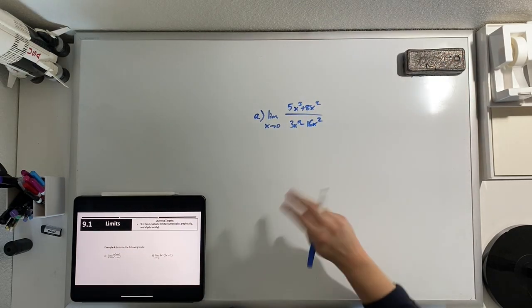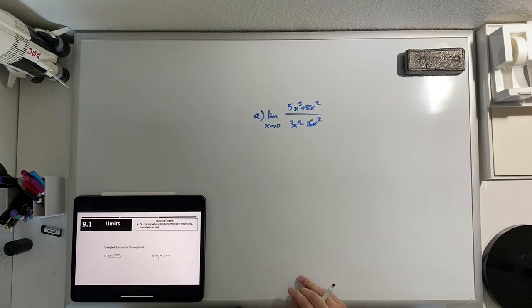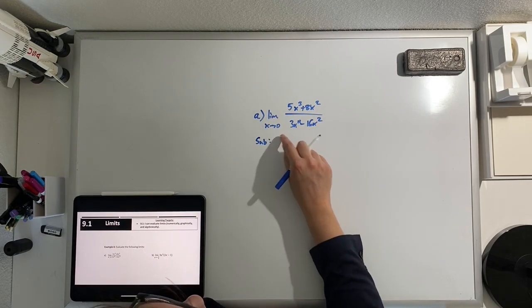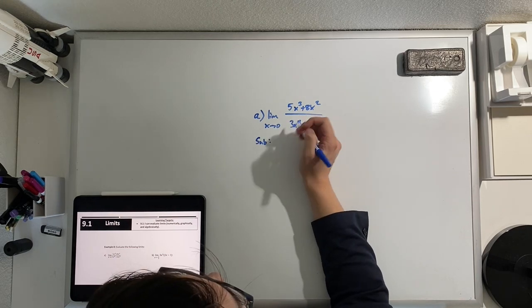All right, so what are our methods for evaluating limits? We can graph them. I don't know about you, but I really don't want to graph this function. Okay. After that, we try substitution. Okay, so let's try to substitute x equals 0 into this limit.